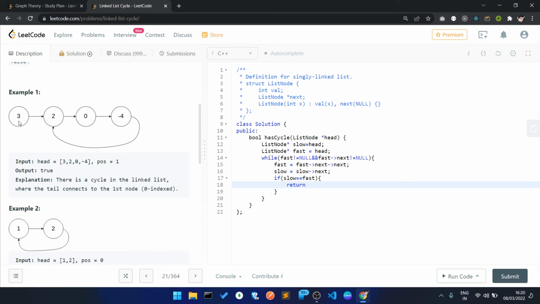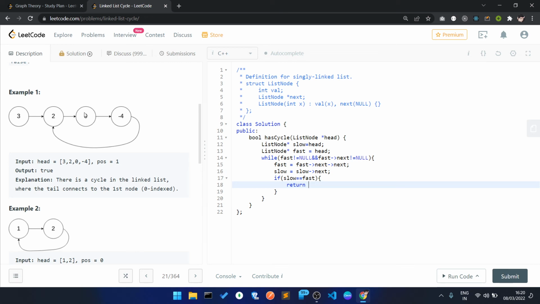Let's say initially my slow and fast are here. My slow takes one step but my fast takes two steps and comes to zero. Again, my slow takes one step, and my fast takes two steps, one and two.